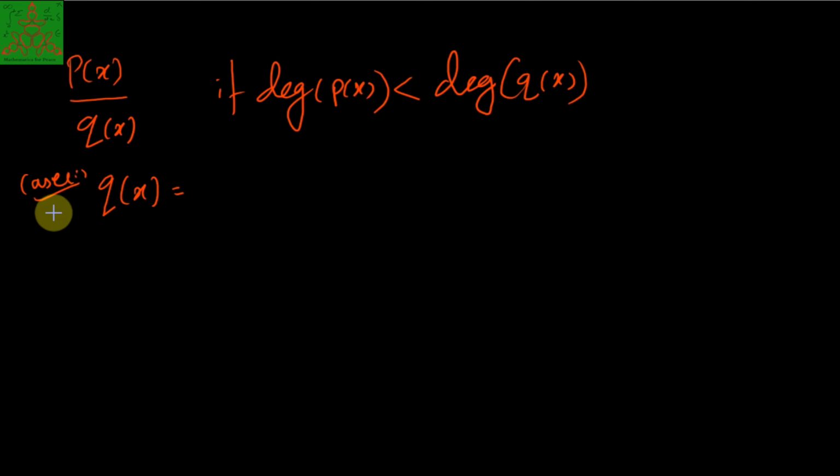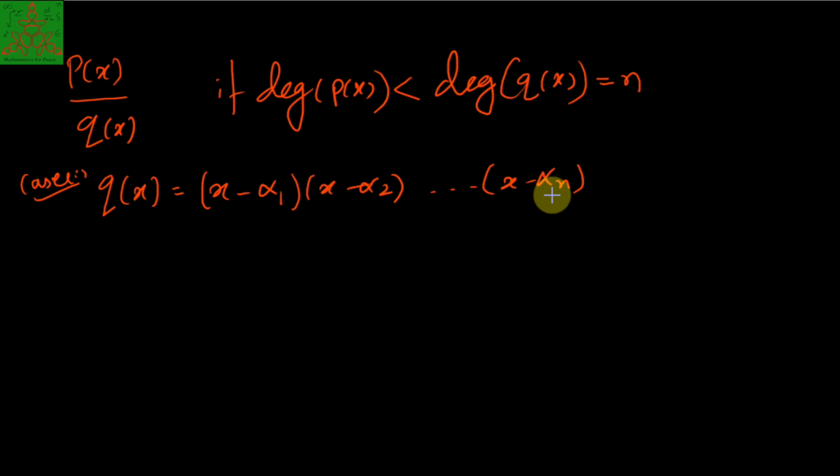So q of x is a product of linear factors, let's say of degree n: x minus alpha 1, x minus alpha 2, up to x minus alpha n. These are the linear factors of q.